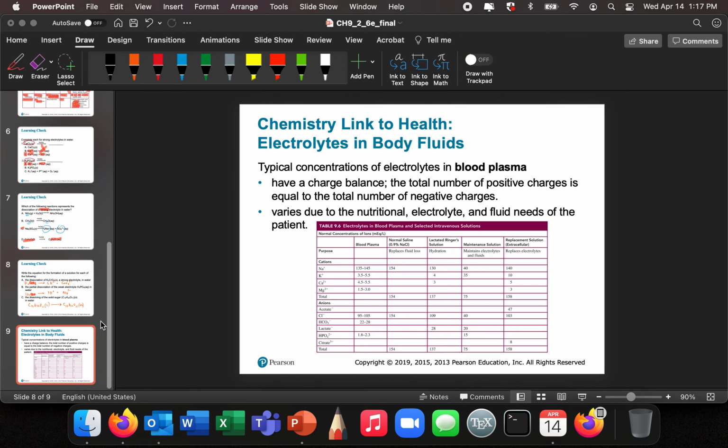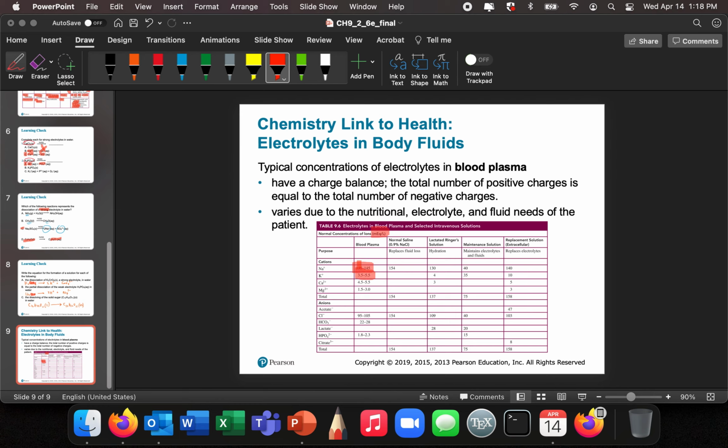Okay, so finally, just as a nice little round out, let's look at the typical concentrations of electrolytes in blood plasma. This is interesting. How much sodium do we have in blood plasma? Milliequivalents per liter. That's just a unit I don't want to go over with you, but just give you sort of comparisons. 135 to 145 milliequivalents per liter of sodium.